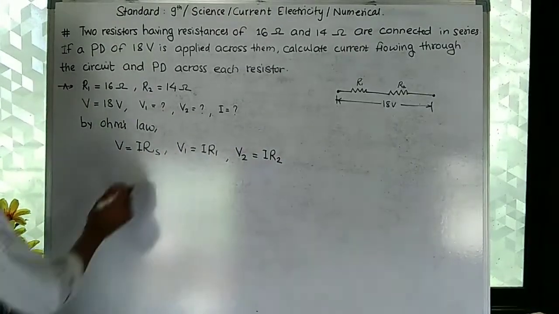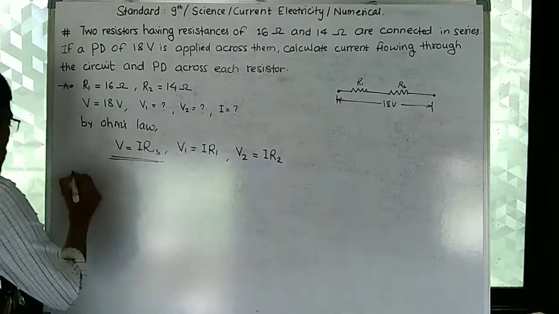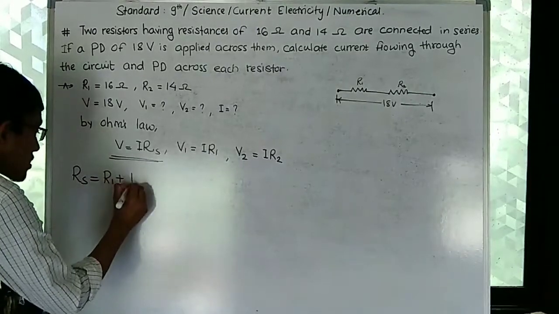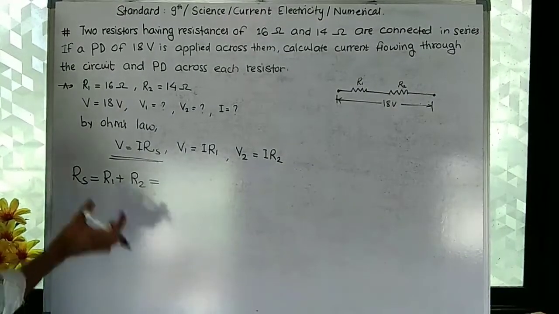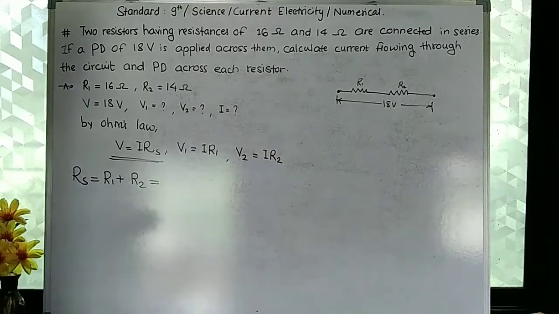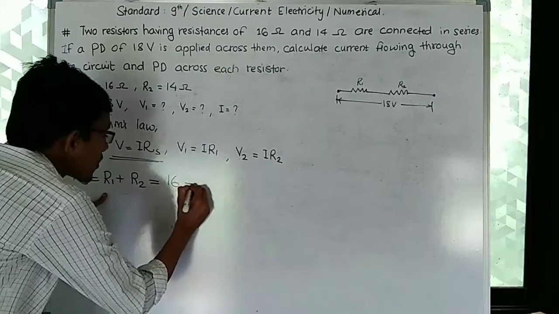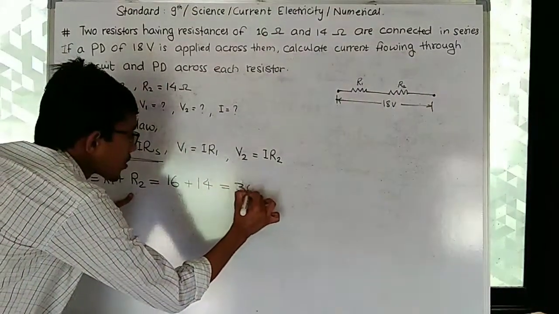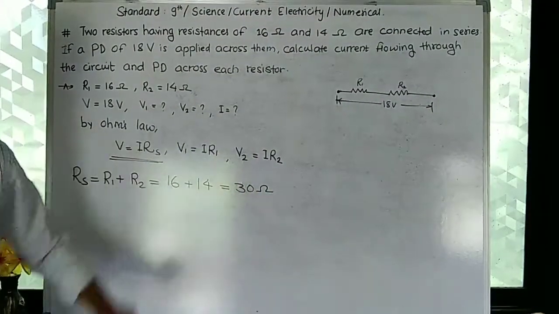So first we have to find the value of effective resistance. RS is nothing but R1 plus R2. In series connection we directly add the values of resistors. R1 is 16 ohm and R2 is 14, so 16 plus 14 gives us 30 ohm. So effective resistance is 30 ohm.